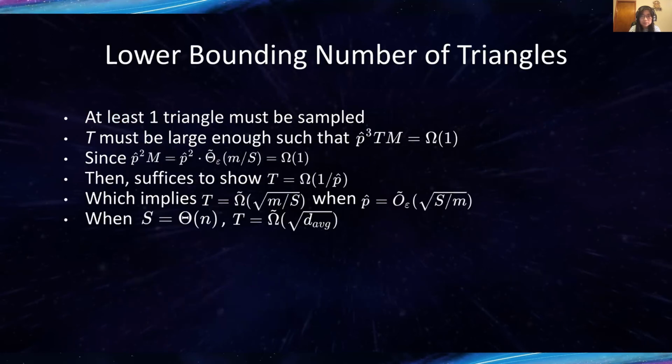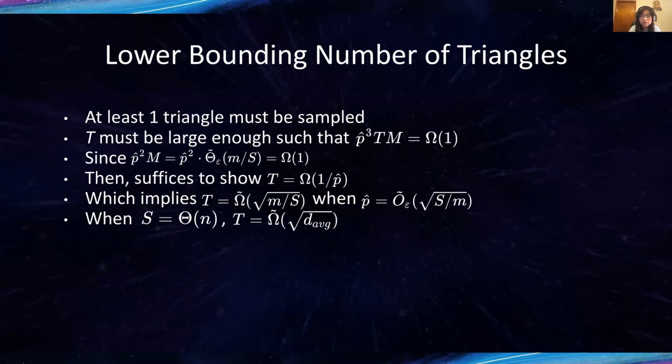In order for us to provide a 1 plus epsilon approximation of the number of triangles, at least one triangle must be sampled. Since the expected number of triangles in a specific induced graph is p cubed times t, where t is the actual number of triangles in the graph, in order for us to see omega of 1 triangles, we must set t to be large enough such that p cubed times t and m is omega of 1.